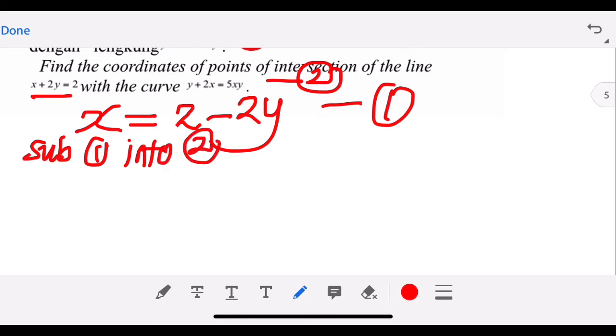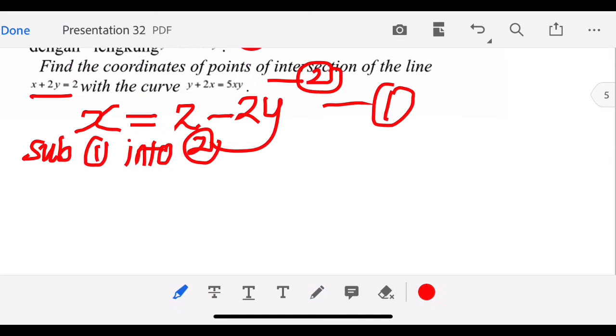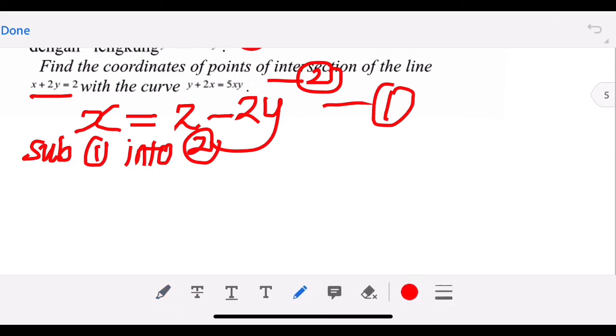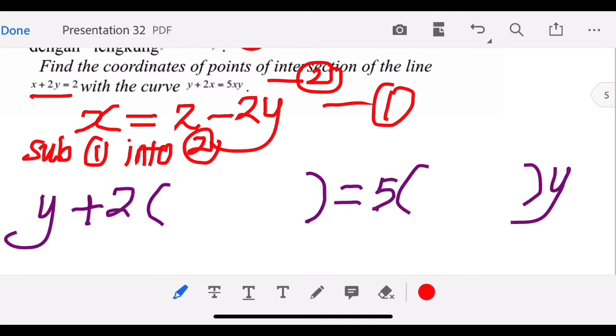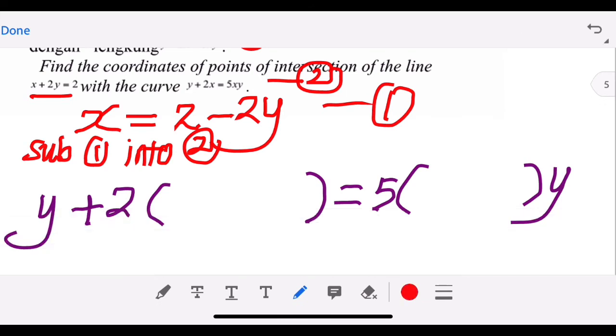So we go to equation 2 and we see there is a y. When we see y, we just copy, but when we see x, we will substitute with equation 1. So we leave the space for x. x is equal to 2 minus 2y.